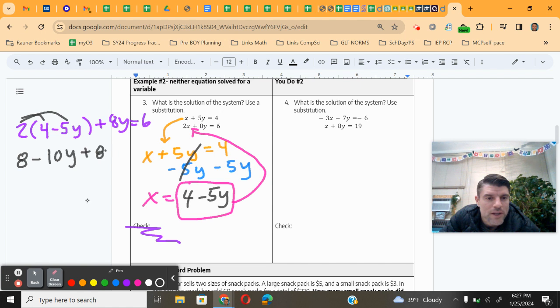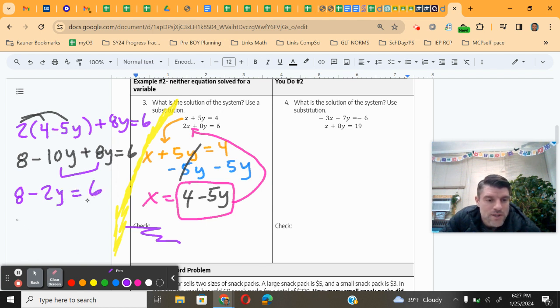Bring down everything else. Let me use a little line to make sure you know where I am. I'm not in that other spot. Okay. So now I'm just going to combine like terms. So negative 10y and 8y are going to be negative 2y. So 8 minus 2y equals 6.